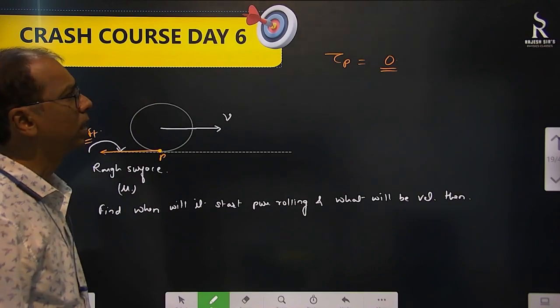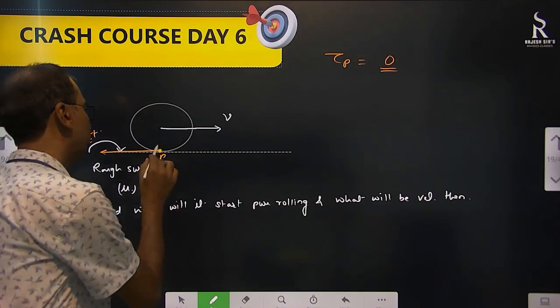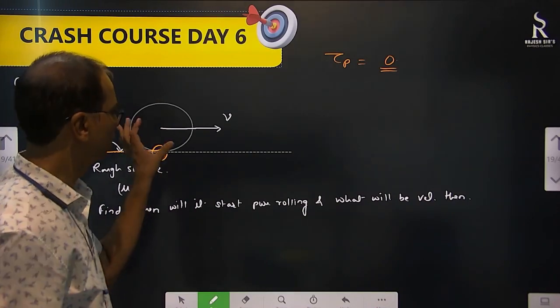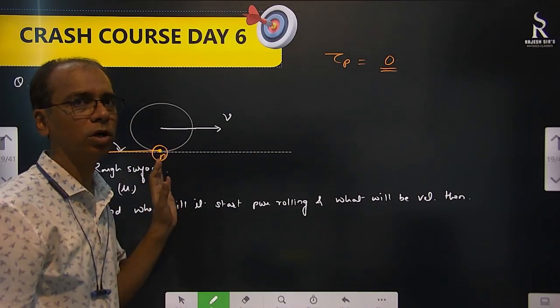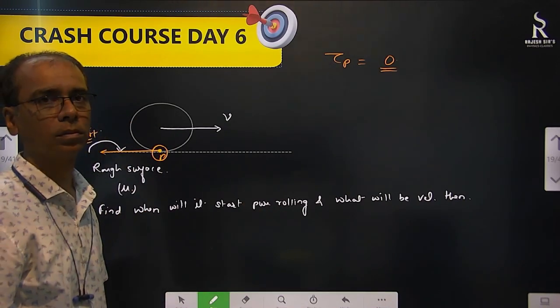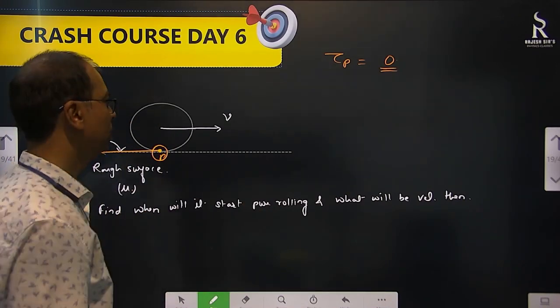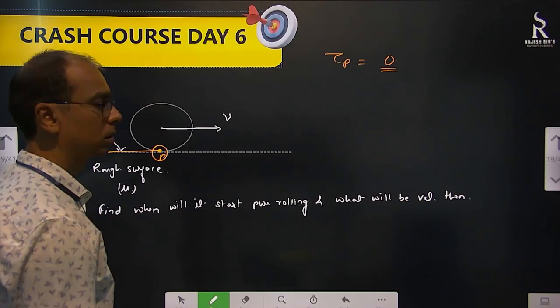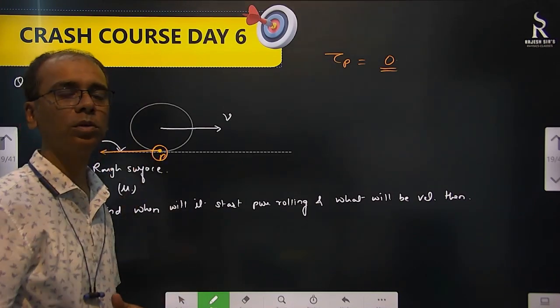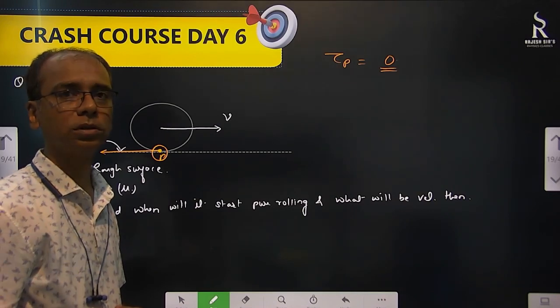So I am going to conserve angular momentum about this point. At the moment I know it's not in pure rolling, but after some time it will be in pure rolling. Correct or not? So when it is pure rolling, angular momentum about this point will be conserved only. It's not going to change.